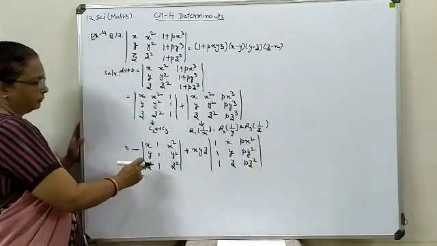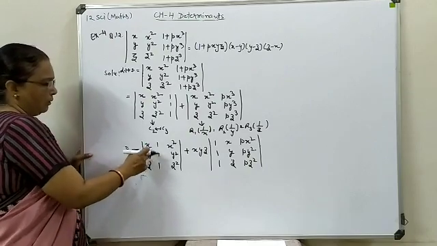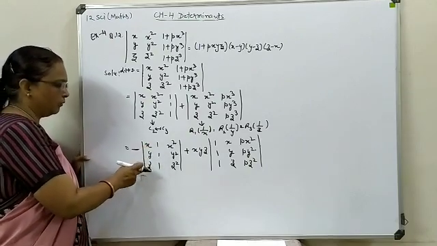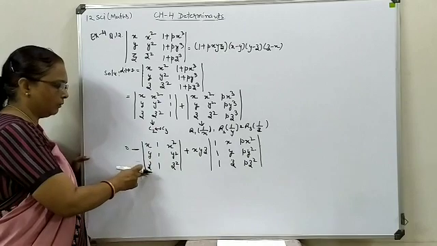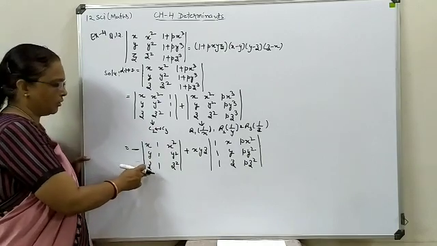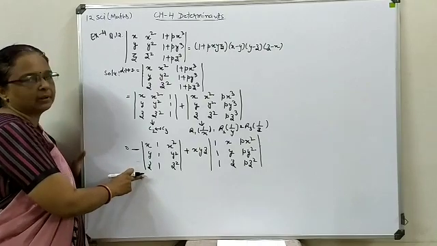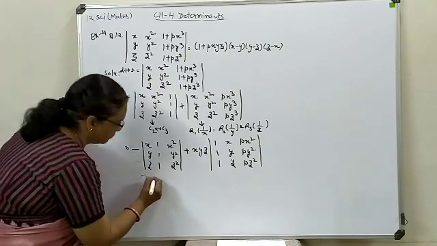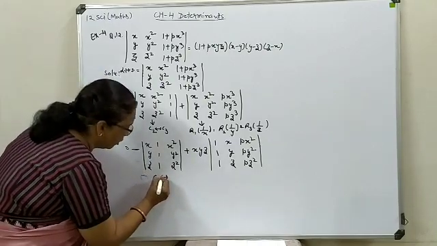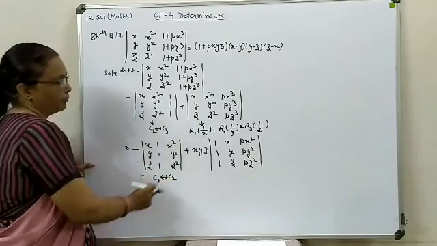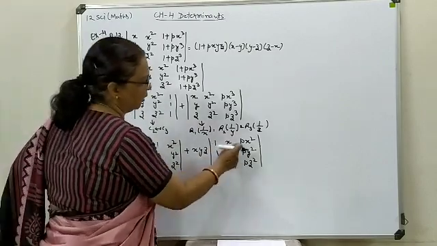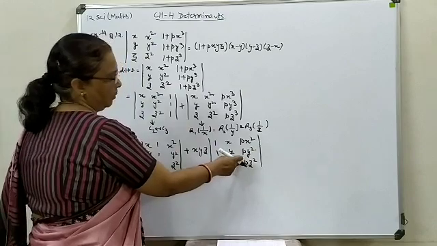Now further we are going to make an exchange of this column, meaning 1, 1, 1 you will shift towards the first position and this one to the second. So here again you will implement the property as exchange of column 1 and second. Now here in this third column you can see p is a common term.